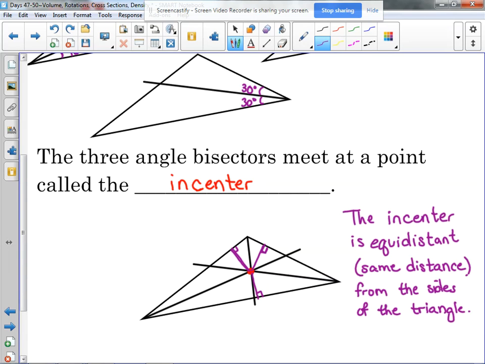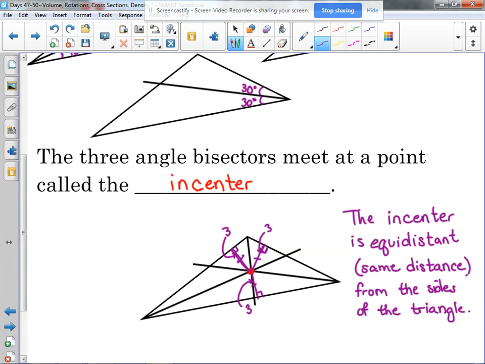And my picture's pretty decent here. They look pretty close to the same length. Those three segments do. And just for clarity's sake, let's give them a length. Let's say they're length 3. Okay, all of those are length 3.